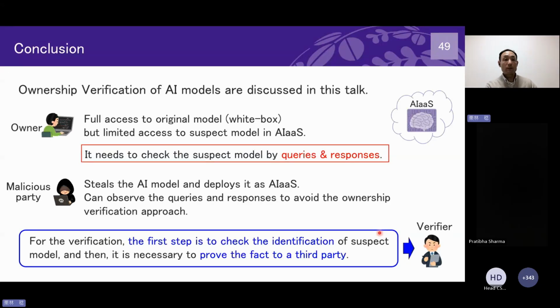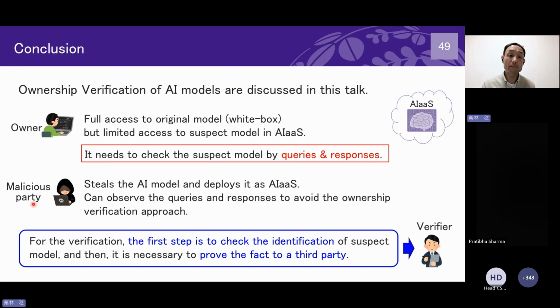So the ownership verification of AI models is discussed in this talk. The owner has full access to the original model, but limited access to the suspect model in the cloud server. So the owner needs to check the suspect model by queries and responses.